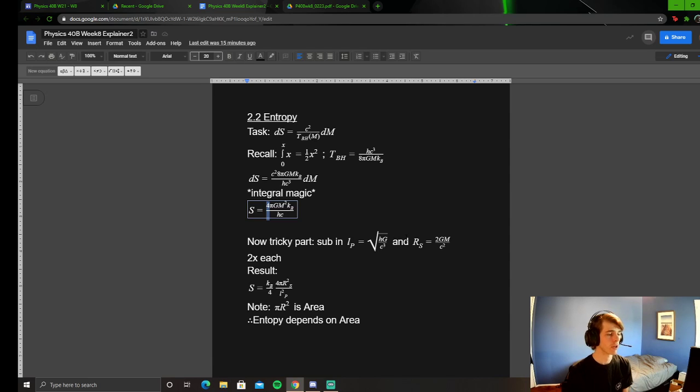Now there's a tricky part. You have to substitute in these two equations they give us, but you have to substitute both of them in twice. That may not have been immediately obvious, but that is indeed how you get from here to here.